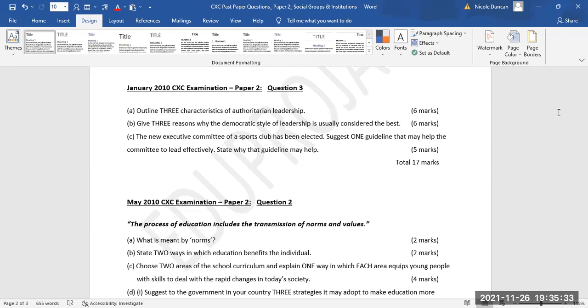Okay? Another important characteristic is that there is a focus or an emphasis on completing the task or achieving the goal. Okay? Completing the task or achieving the goal at whatever cost it takes to do so. All right?